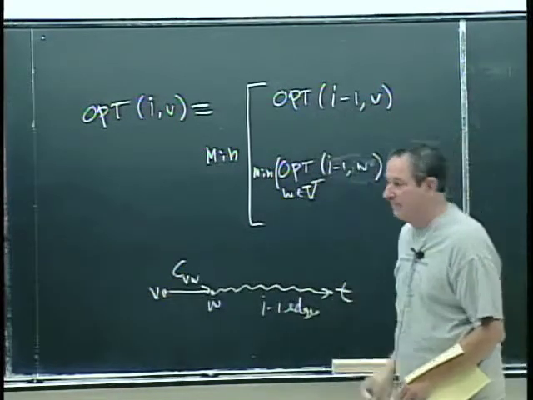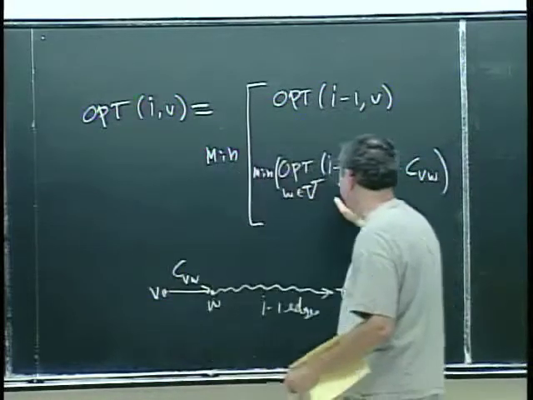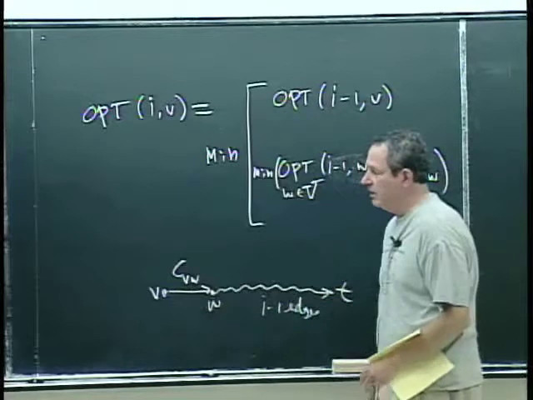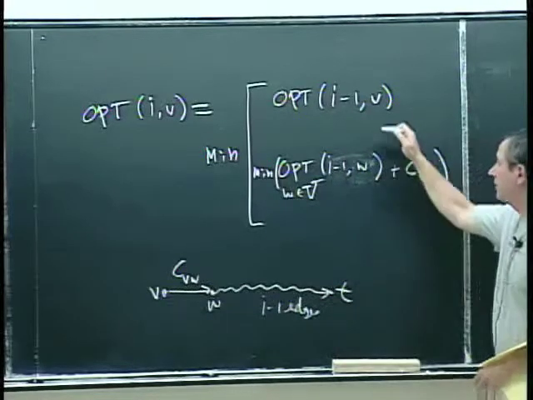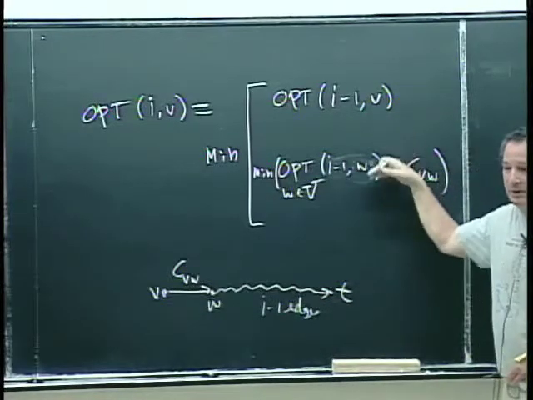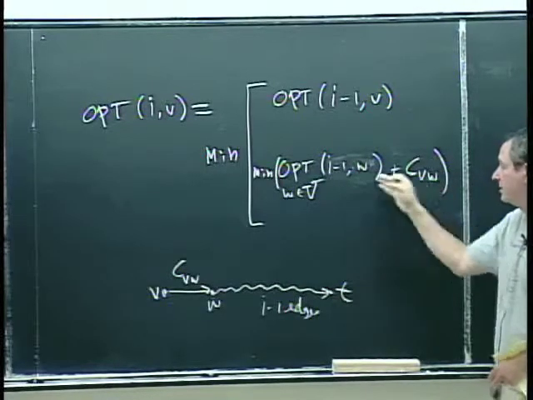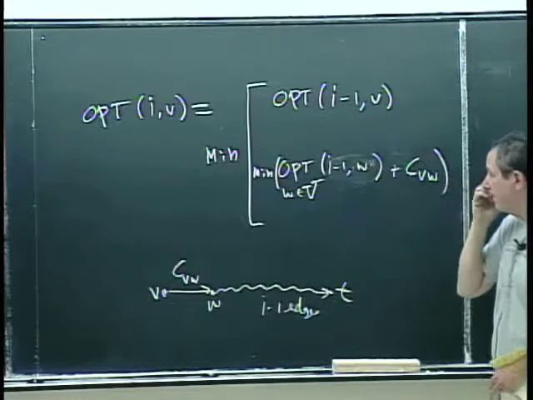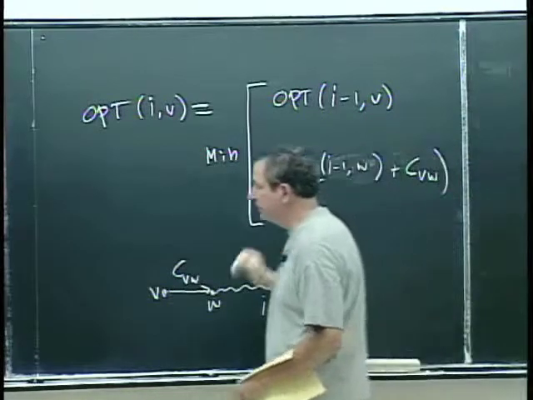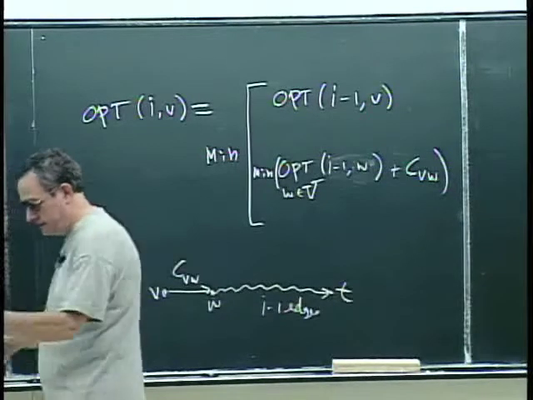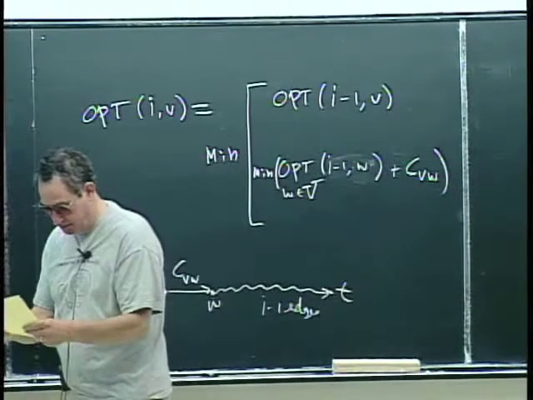But I was just trying to point out that in the case that the shortest path from v to t really does have i minus 1 or fewer edges, both of these will light up as the shortest. But this will take the one where it's exactly i, and so we need that definitely. So think about that for next time and tell me whether there's really a redundancy or not.